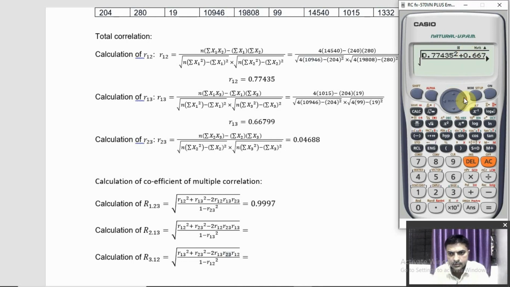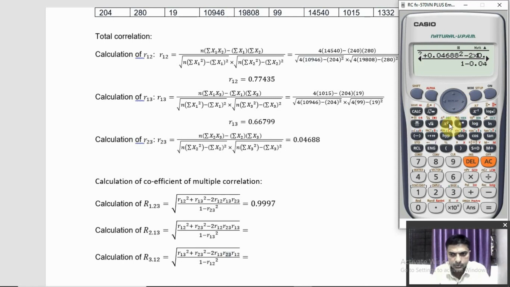Yes, R12 is the same, plus R23 square. R23 is how much? 0.04688. So this is square: 0.04688 square.